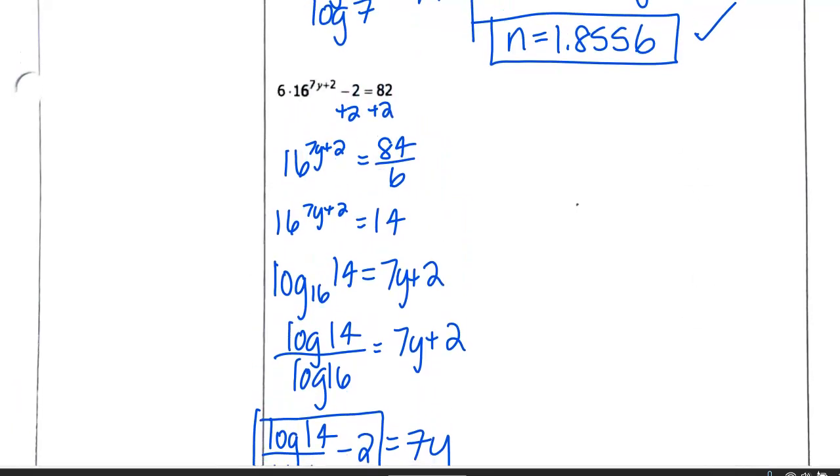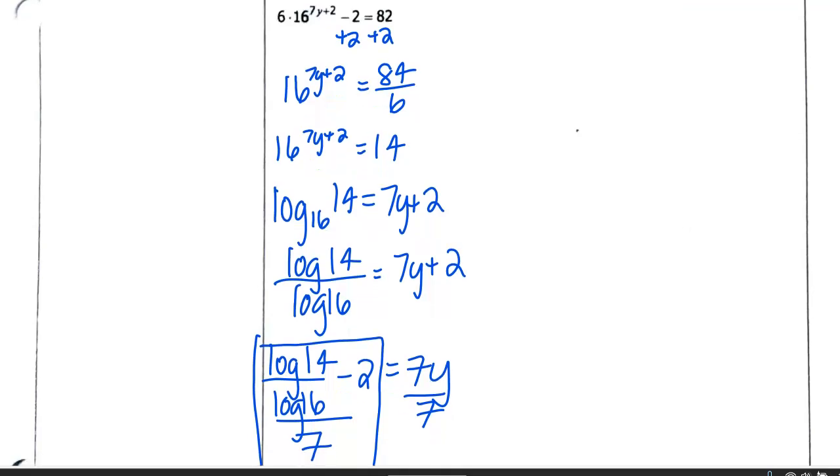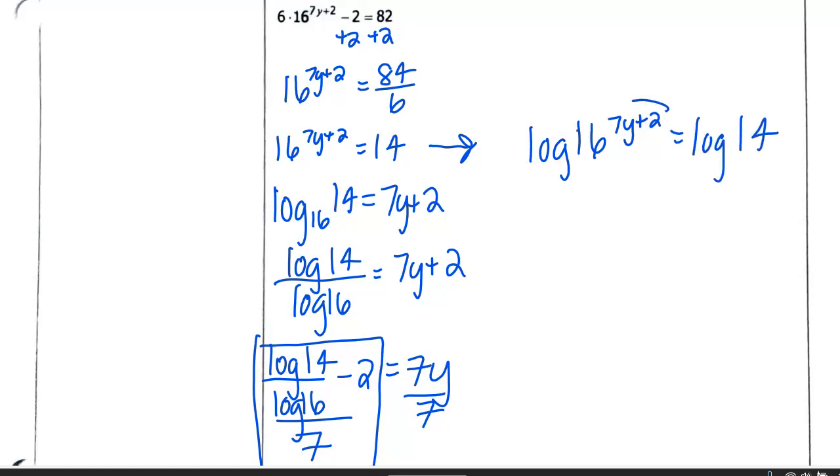Now let's look at the other way where we take the log of both sides. So from here, if we didn't want to rewrite it as in the log, converting to a log, and we just took the log of both sides, that would be log 16 to the 7y plus 2 equals log 14. Then we remember the power rule.